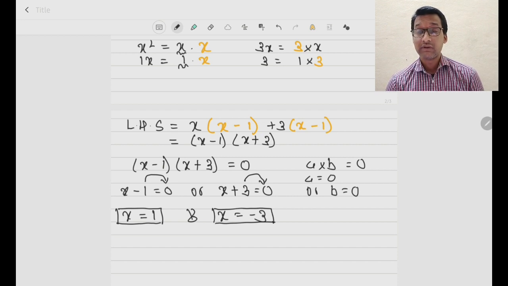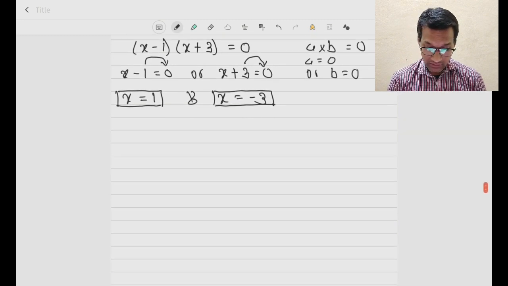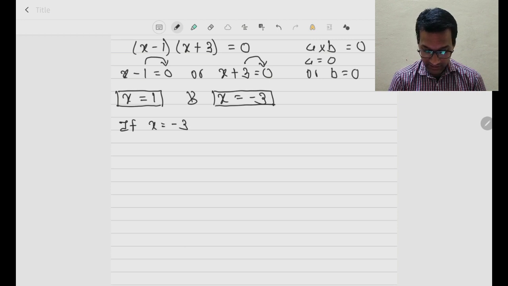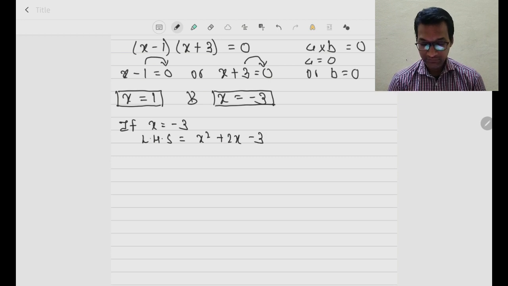Now if you remember, we have already checked for x is equal to 1. We know that for x is equal to 1, LHS becomes equal to RHS. This is already a solution. Now let us check for x is equal to minus 3. We take the LHS, which is x square plus 2x minus 3. Let us see if we get the answer equal to RHS, that is 0.